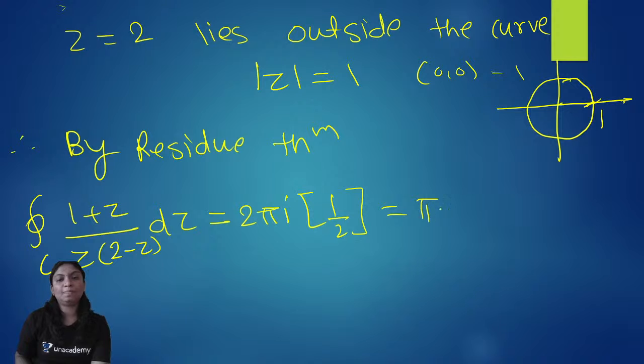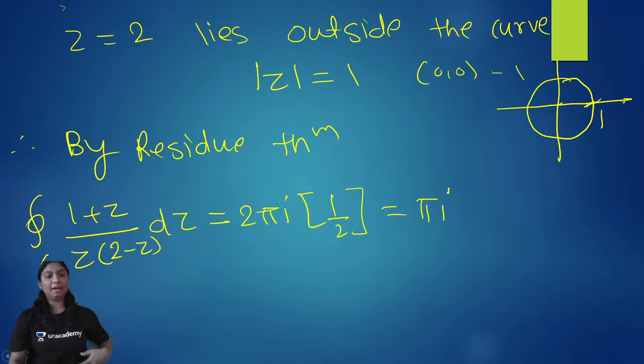So you will get pi i. So by using the residue theorem, the evaluation of this integral is pi i.